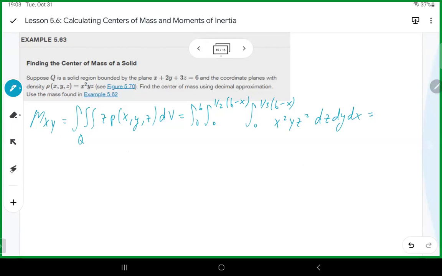So that's going to be 54 over 35, which they give us the decimal, so we might as well include it, 1.543. And we need the moment XZ.